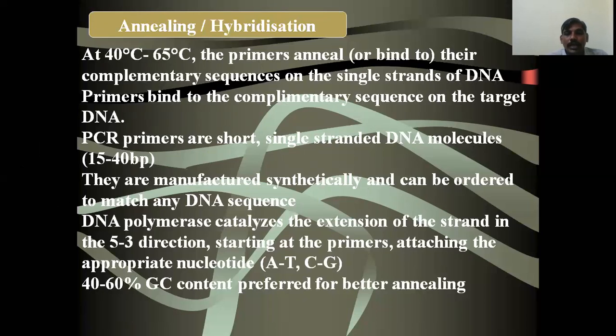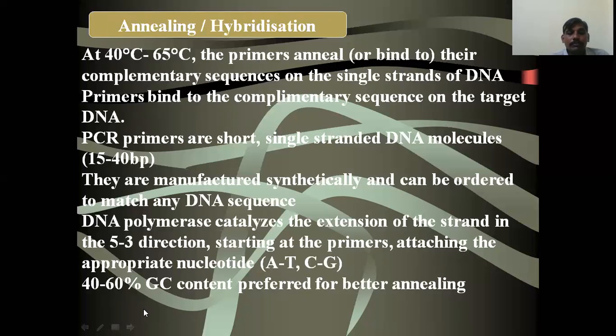After the primers attach, DNA polymerase catalyzes the extension of the strand in the 5' to 3' direction, starting at the primers, adding the appropriate nucleotides as per the base pairing rule: adenine with thymine, cytosine with guanine.